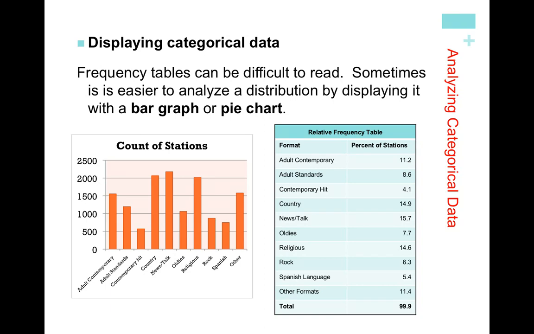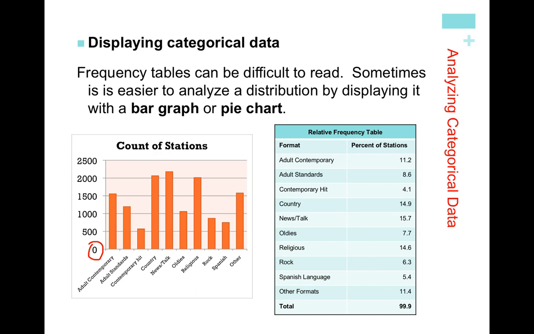You could also have the relative frequency for the bar graph, and so put the percent of stations on the y-axis, and that would be correct as well. A few things that are important to pay attention to with bar graphs is that you always want to start your y-axis at 0, because if you put an axis break in on the vertical axis, you're going to shorten all of those bars, and it's going to exaggerate the differences between the categories. So you always want to make sure that you start at 0.